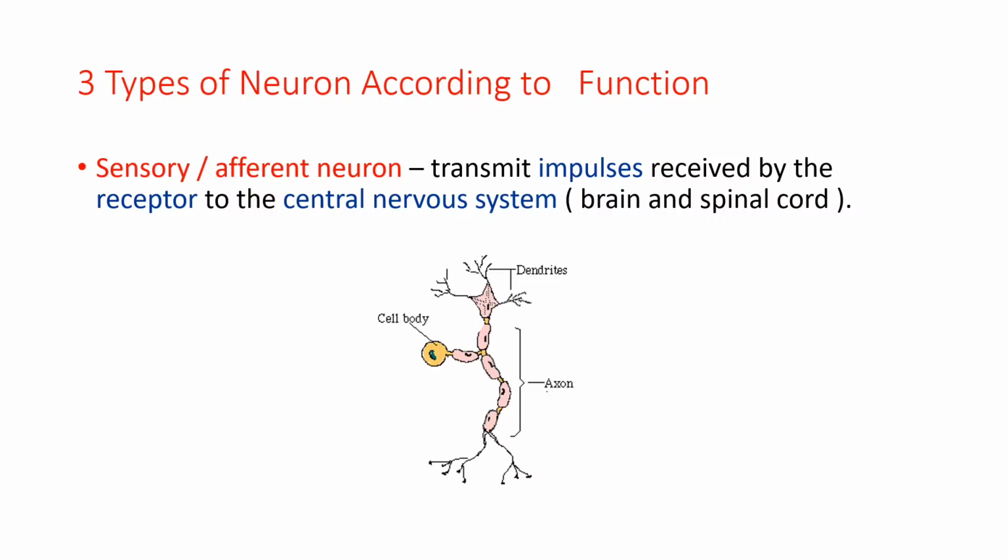And then the moment na ma-receive ng receptor yung information, it will be sent to the central nervous system. Ang central nervous system ay binubuo ng brain at spinal cord. So again, the function of the sensory neuron is to transmit impulses na nare-receive ng receptor and send that to the central nervous system. Okay, dadaan muna sa spinal cord bago makarating sa brain.